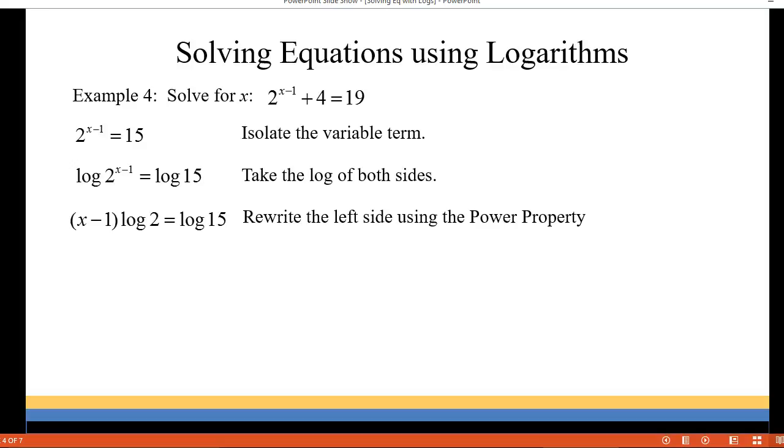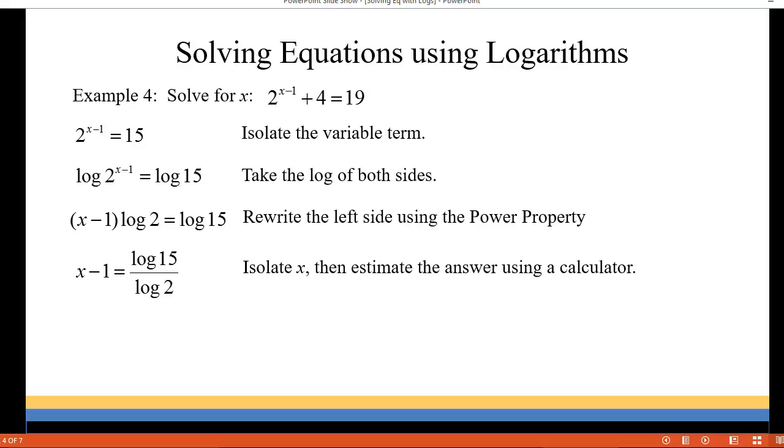Then I brought the x minus 1 in front using the power property. Now I'm going to isolate the x by dividing by log 2 and then adding 1. And then put that into my calculator, and I got 4.91. So to check your work, go back to the original equation and plug in 4.91. Put it in your calculator, and you should get a number very close to 19.